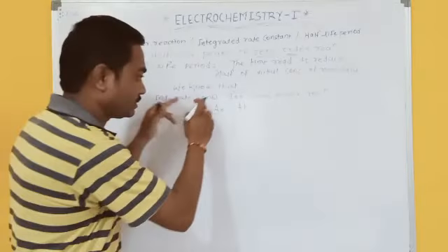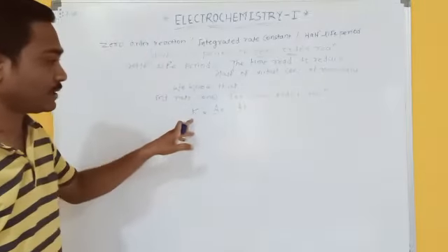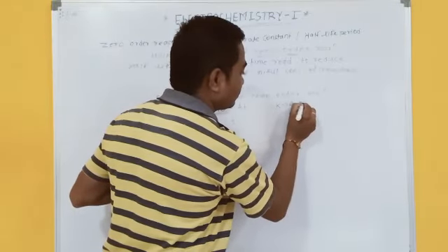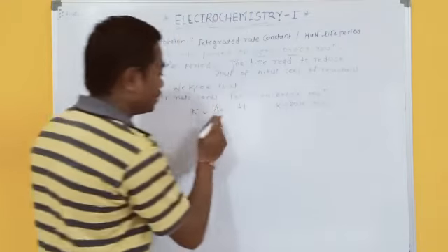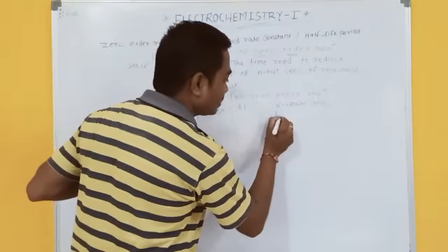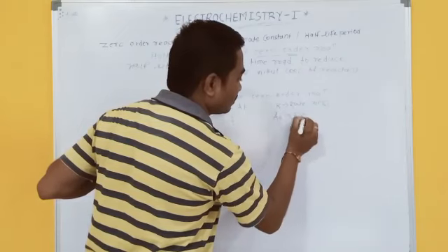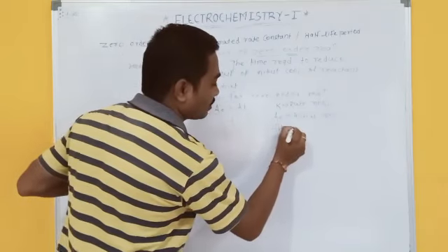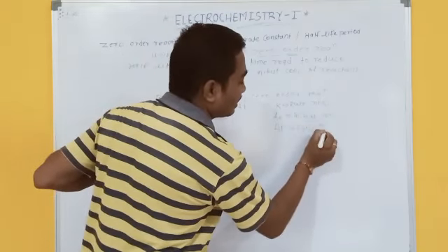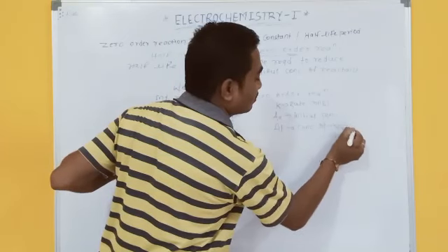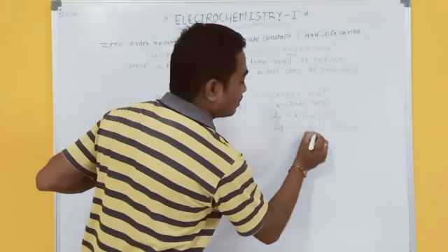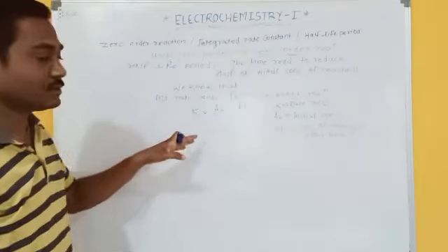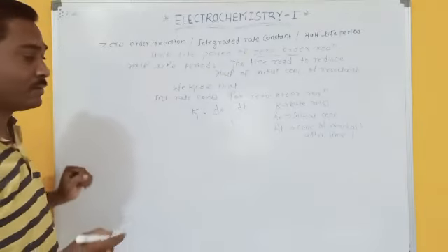Here k is the rate constant, A0 is the initial concentration of reactant, At is the concentration of reactant after time t, and t is the time required for completion of reaction.